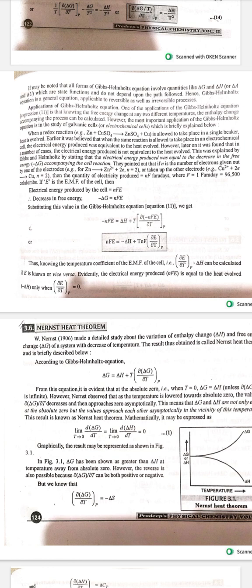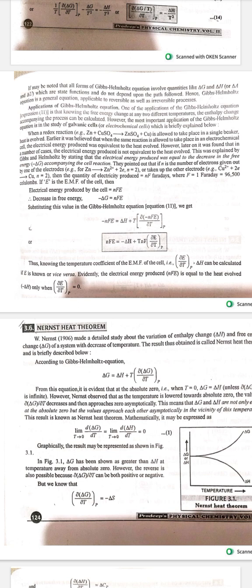They pointed out that if n is the number of electrons given out by one electrode or taken up by the other electrode, then the quantity of electricity produced is nF, where Faraday's F is equal to 96500 coulombs, and if E is the EMF of the cell, then the electrical energy of the cell is nFE, and the Gibbs free energy -delta G = nFE.